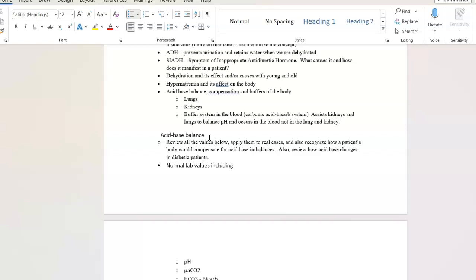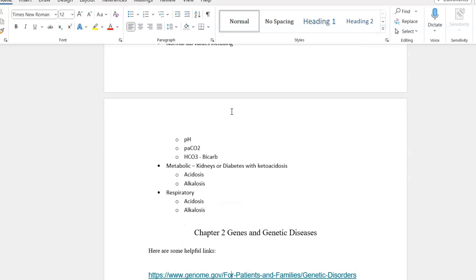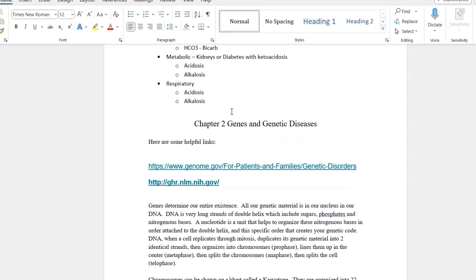Hypernatremia, its effect on the body. Acid-base balance, compensation, buffers of the body. Okay. Know the values for acid-base. Look them up. Know normals. Okay. Know metabolic versus respiratory acidosis and alkalosis.